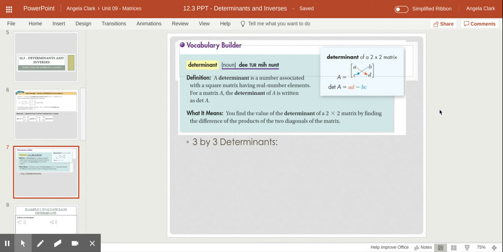In this video we're talking about the determinant of 2x2 and 3x3 matrices. So first of all, what is a determinant?